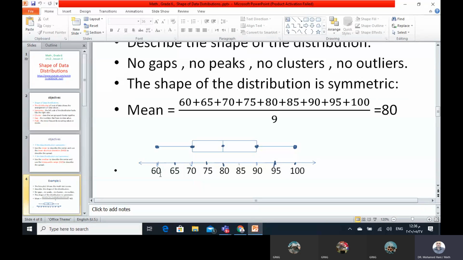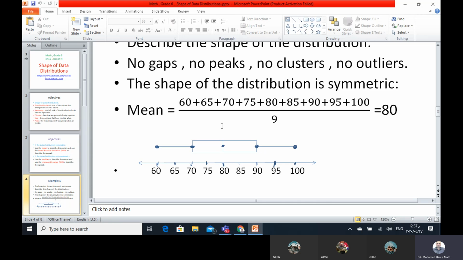Why? Because the value of the numbers here is close to the same value of the other numbers. So no big distance between one value and all the values. So here no outliers.